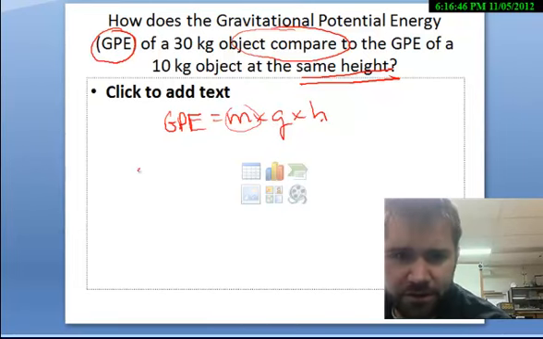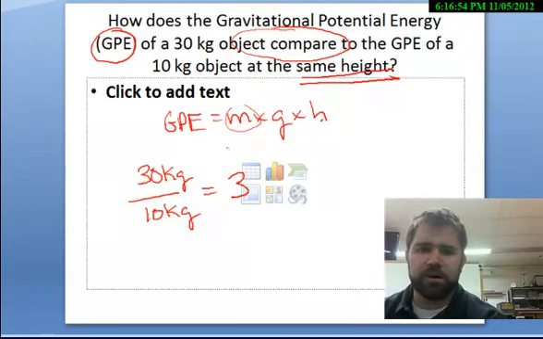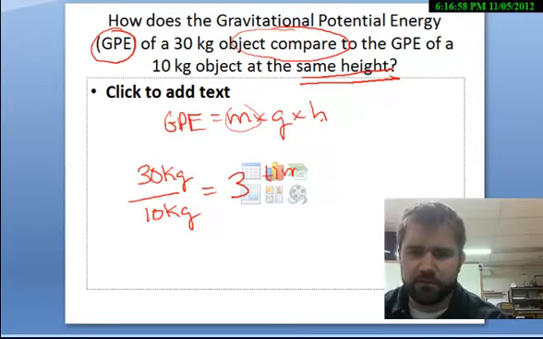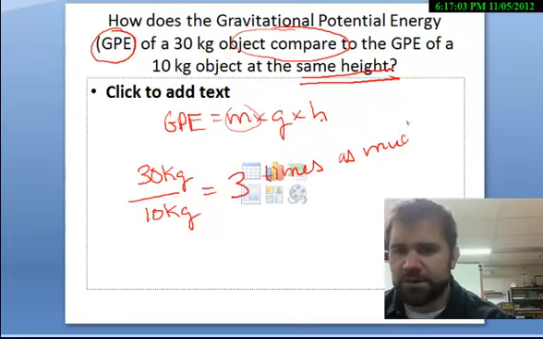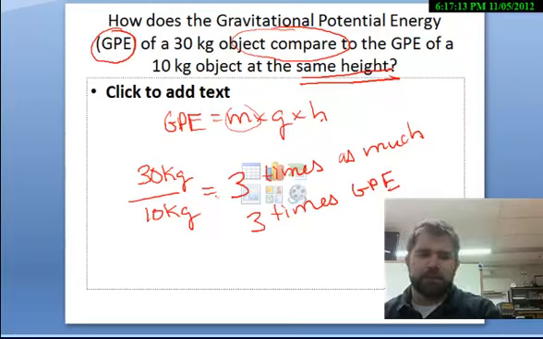So if we look at this, 30 kilograms divided by 10 kilograms tells us that the 30 kilogram object has 3 times as much mass, which means that if it's at the same height, it's going to have 3 times as much gravitational potential energy. Okay?